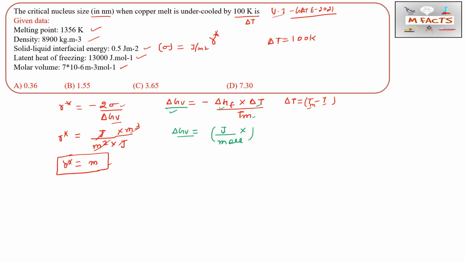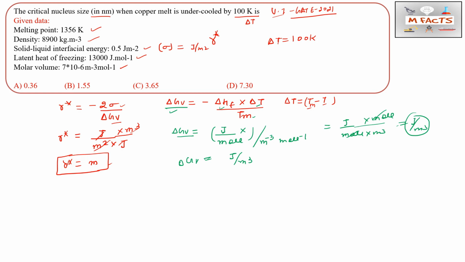To change joule per mole to joule per meter cube, we divide by the molar volume, that is multiply by mole inverse. Joule per mole multiplied by mole per meter cube gives joule per meter cube. This is the unit balance.